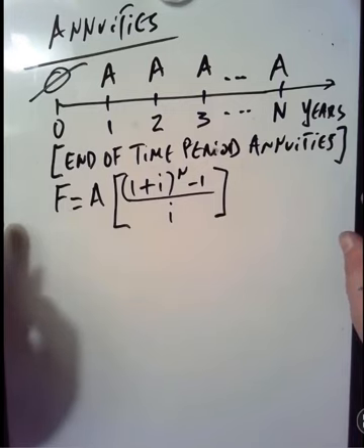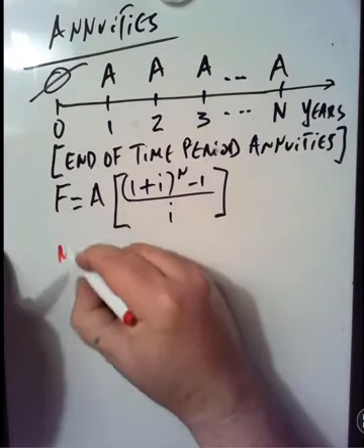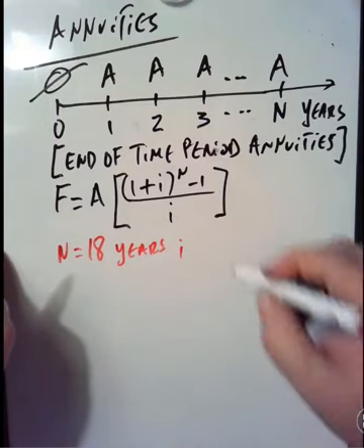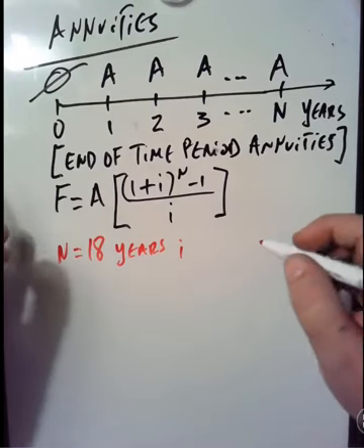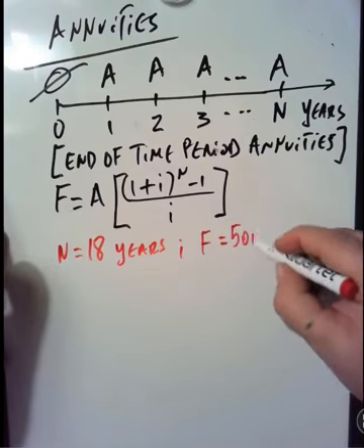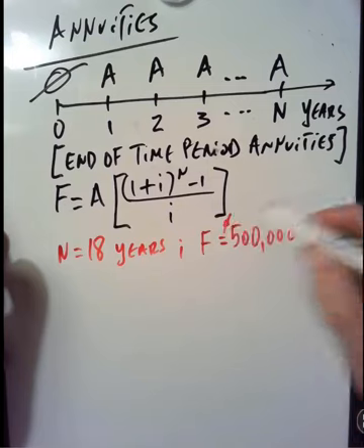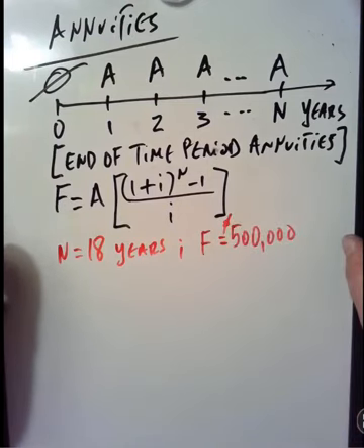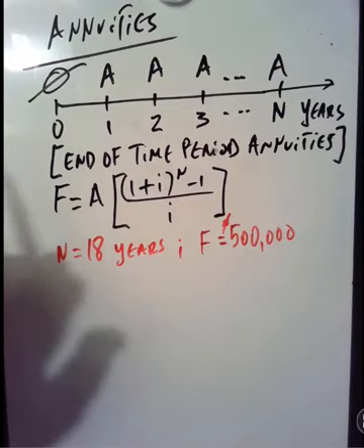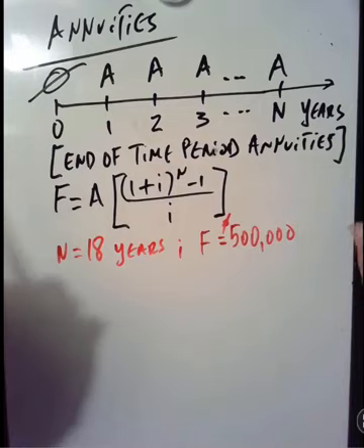And you estimate that 18 years from now, given the inflation and the increasing cost of education, you're going to need, let's say, $500,000 to give to your child as a present to do college. So if this is your goal, how much do you have to invest at the end of every year in this savings account that guarantees you a fixed return, or some other kind of financial security?